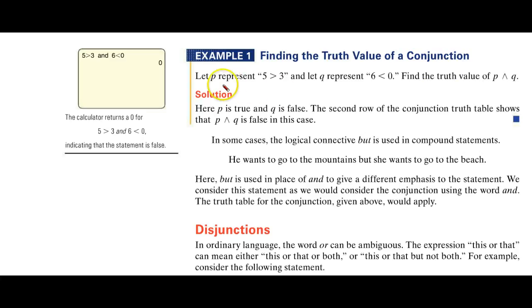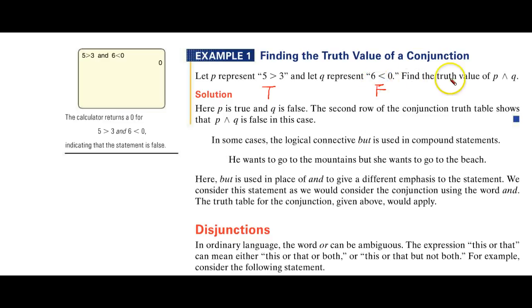Now here we see let P represent 5 is greater than 3. Well, this is true. Let Q represent 6 is less than 0. That's not true. This is false.